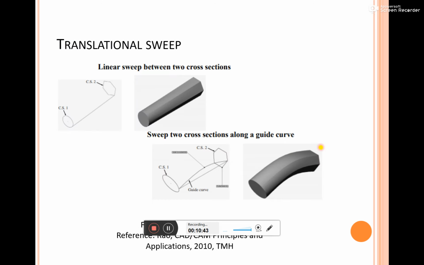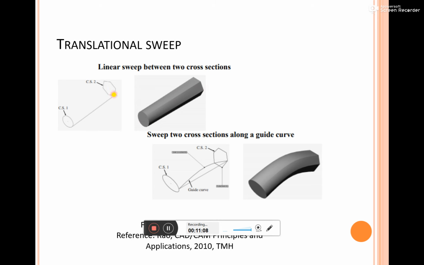Another option is that we can perform a sweep or translation sweep to develop the three-dimensional model. Here you can see that I want to develop this type of object. First the cross section is circular, and the cross section at this end is a hexagon.